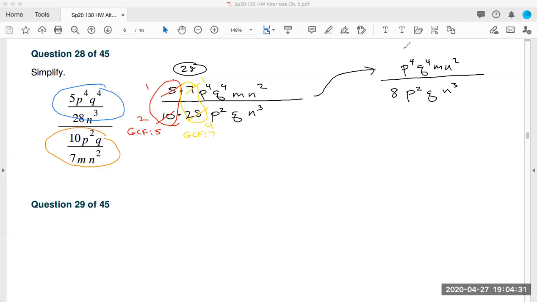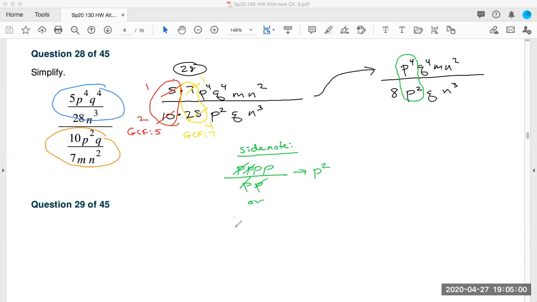what we're gonna do from here, we can stick with color coding a little bit. We have our P's. Okay, so side note, remember there's 2 ways you can think about this. P to the 4th is P multiplied 4 times. P squared is P multiplied twice, so you're going to cancel P over P. That would be P squared.